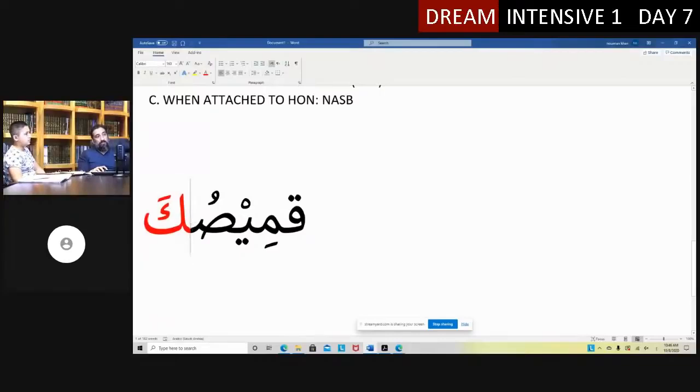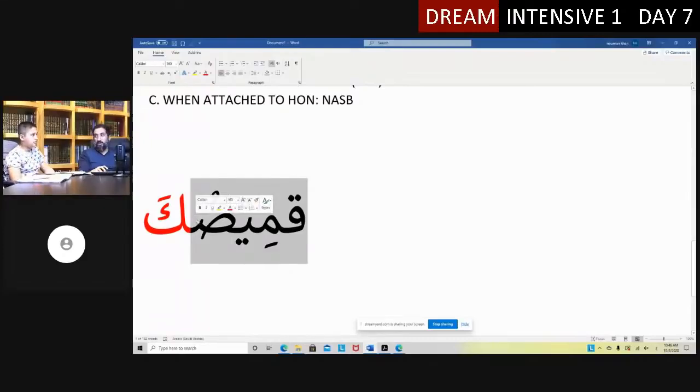Well, the next word is ka. Ka from page 18 came from anta. Anta becomes ka. The attached version can only be nasab or jar. But we learned that if you have a mudaf and the next guy could be nasab or jar, then it has to be jar.